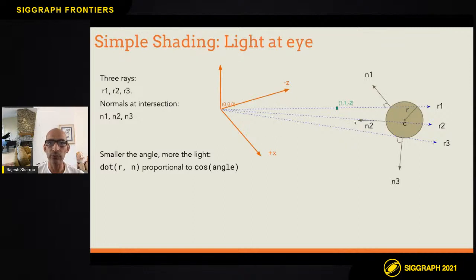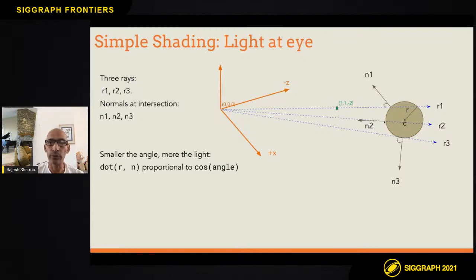And the easy way to calculate the angle is just to normalize these two vectors, the ray vector and the normal vector, and take a dot product. And dot product of two vectors is proportional to the cosine of the angle, and the cosine, as you know, as the angle tends to 0, the value becomes 1. So you would then use that to modulate the color.